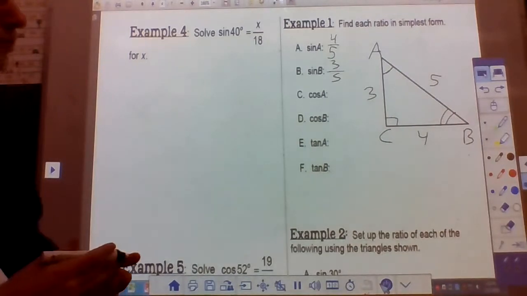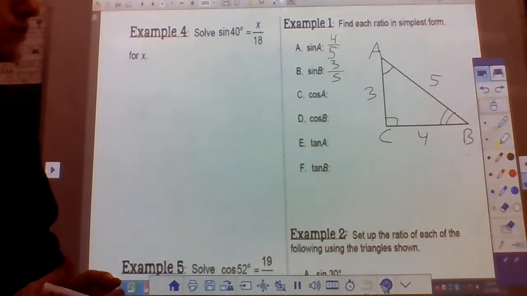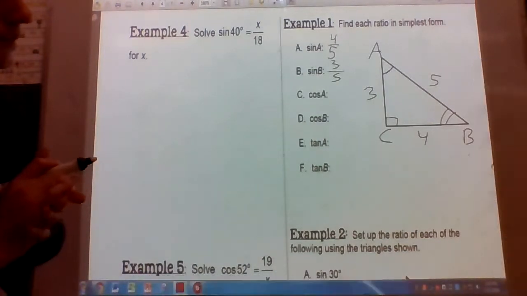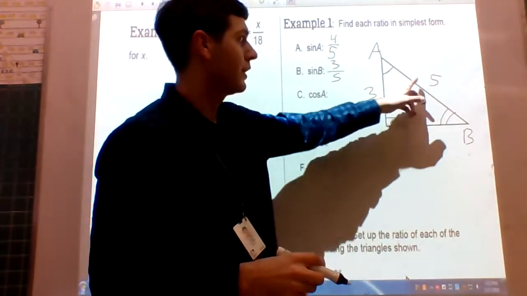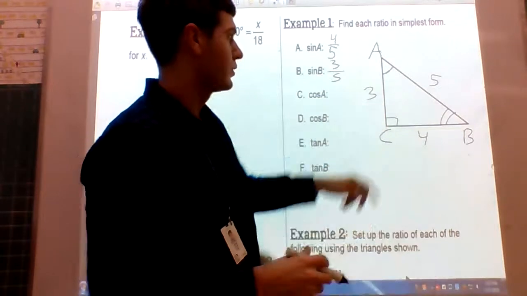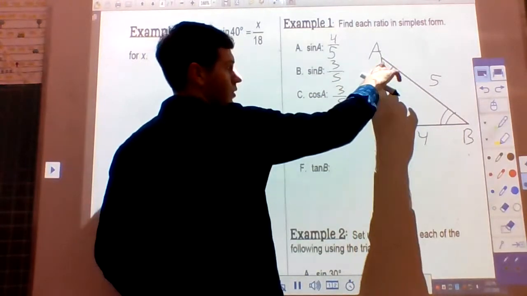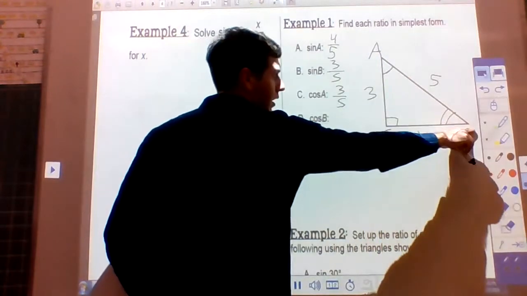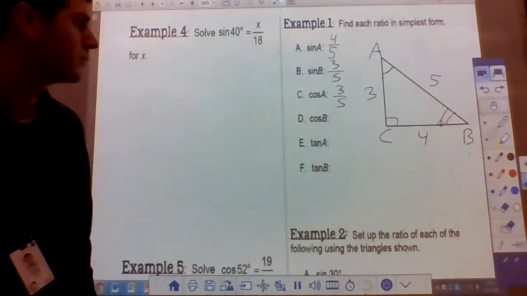Cosine of A, so we want to look at angle A. Cosine is adjacent over hypotenuse, so we want to look for the adjacent leg. Adjacent meaning next to. Angle A is next to 3 and 5, but we want the adjacent leg, which is just 3. And then the hypotenuse is 5. So the length of the adjacent side over the length of the hypotenuse.